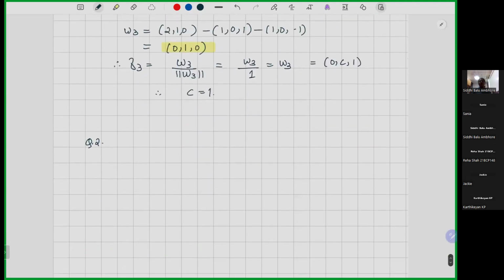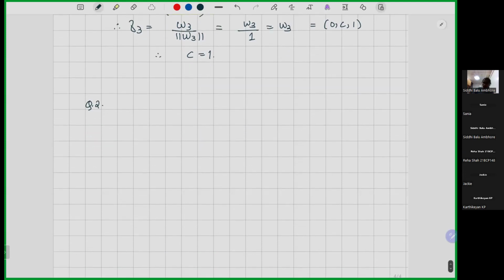So this was it about the first question. We wanted to find the values of A, B, C. A was 0, B was again 0, and C was 1. The second question is: let V be a finite dimensional inner product space.